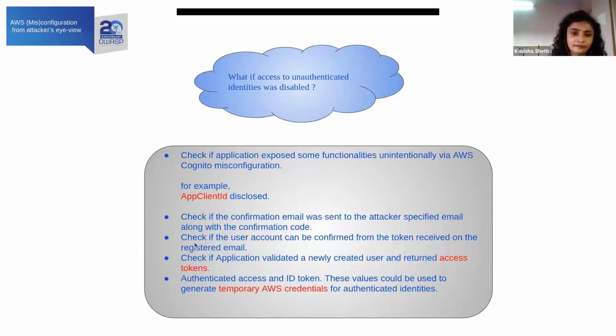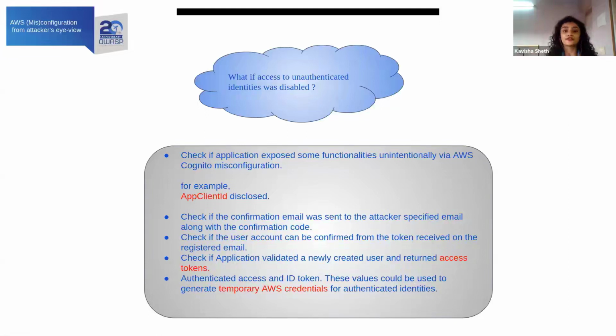You can see that in the response itself. The second thing to look for is whether the user account can be confirmed from the token you received on the registered mail. After that, check if the application validated the newly created user and returned the access token.